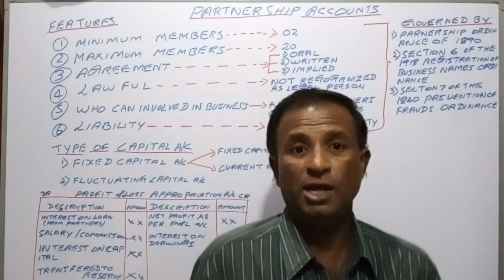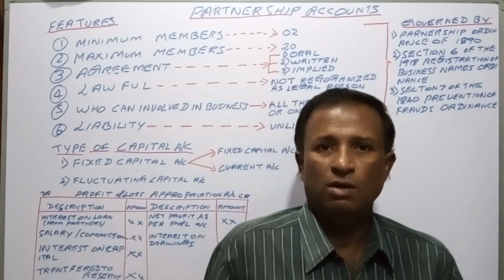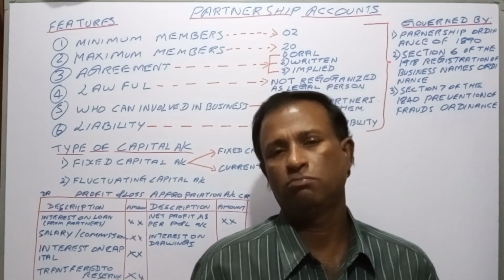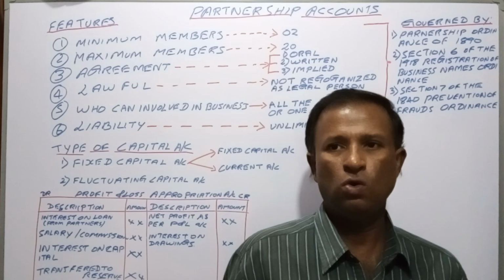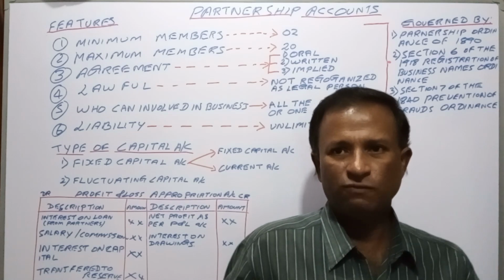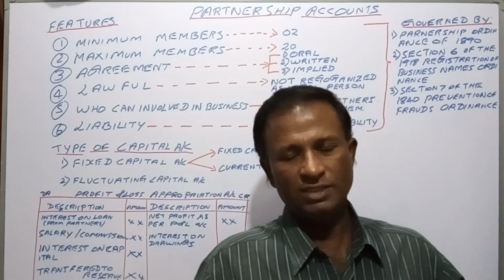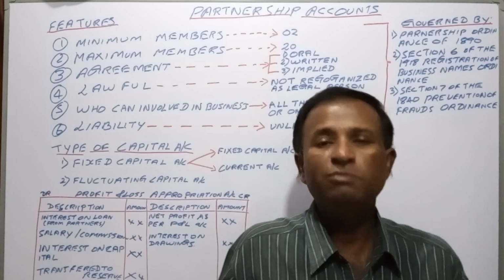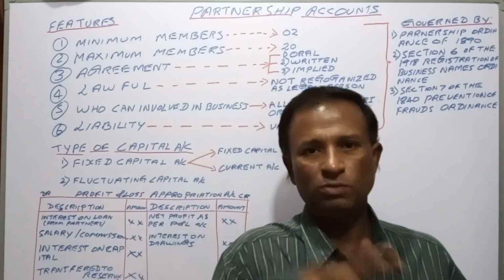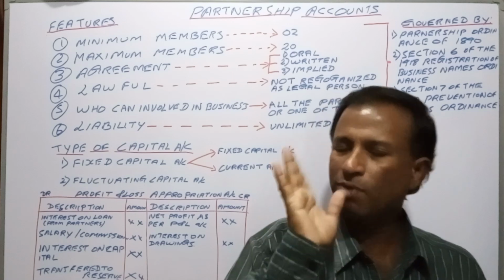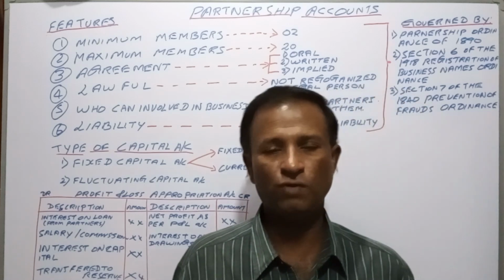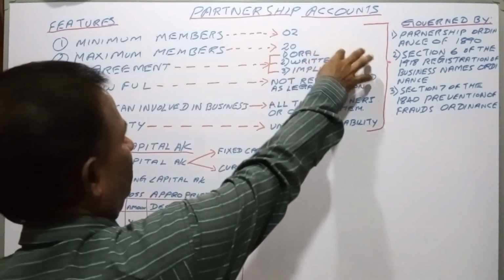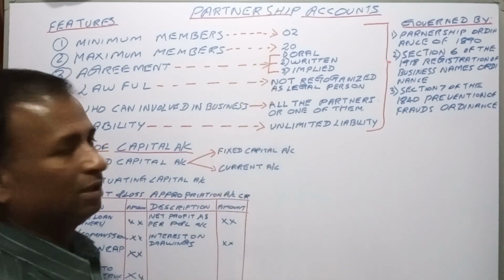Implied means by way of action, the general public, the customers, and the third parties may assume that these two are partners of the company. That is an implied term. By three ways the agreement can be made.